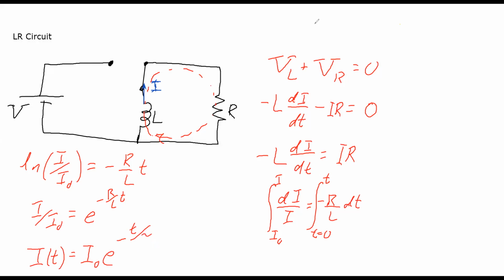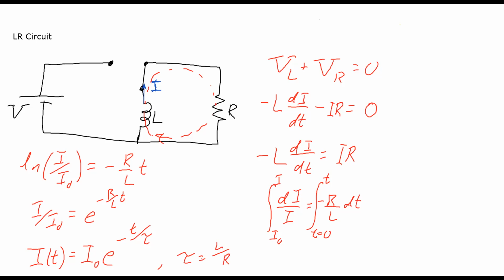We actually saw this before, back when we looked at an RC circuit. So tau is just your L over R.